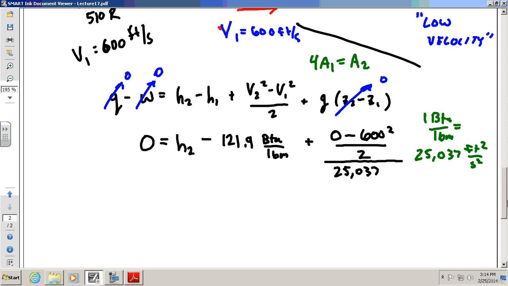Okay? So if you work that out, you get H2. Both those terms are negative, by the way. Minus 121.9. The second term is going to be minus 600 squared divided by 2, and then divided by 25,037. So if you work this out, 600 squared, it's a pretty big number, right? Divided by 2.